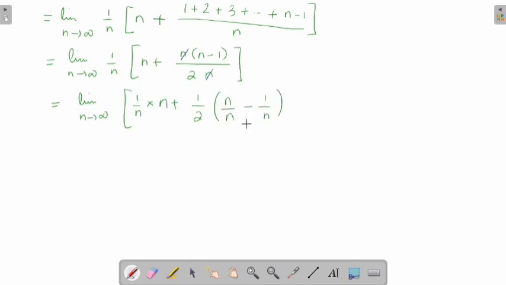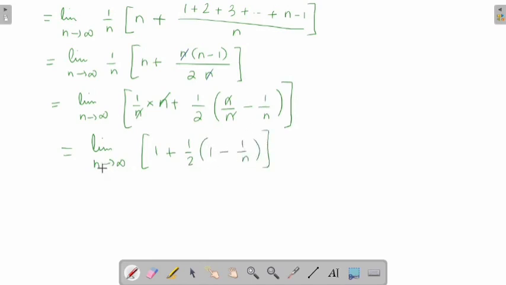Yes, 1 by n into n is n by n, minus 1 by n into n, which is 1 by n. Again these two get cancelled, and these two also get cancelled. So this becomes limit n tends to infinity, 1 plus 1 by 2 into (1 minus 1 by n).